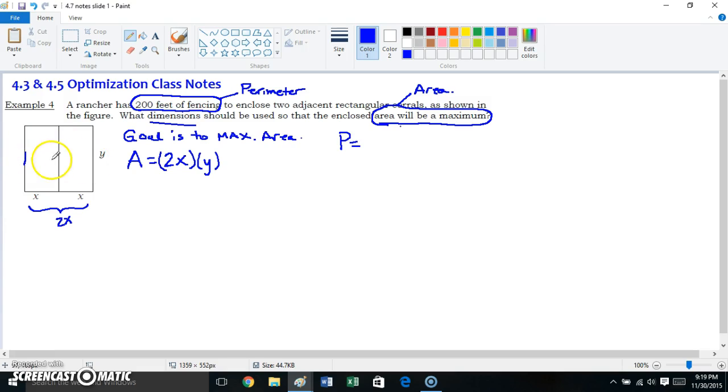Our secondary equation is the perimeter equation. Every one of these lines is going to be some fencing. So it looks like we have 4x plus 3y has to equal 200 feet of fencing.